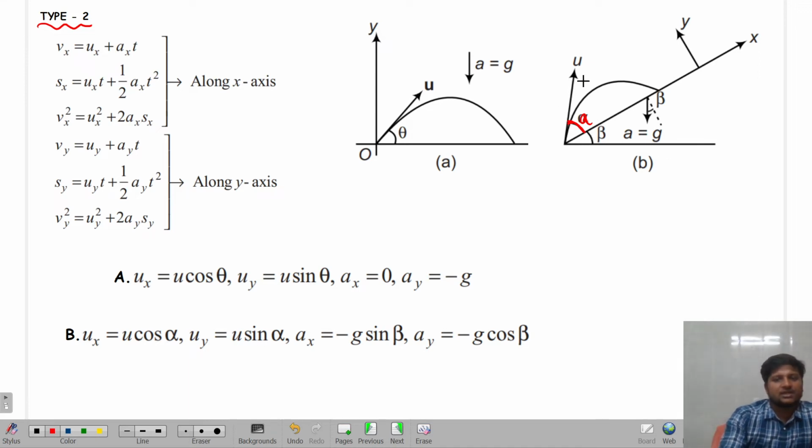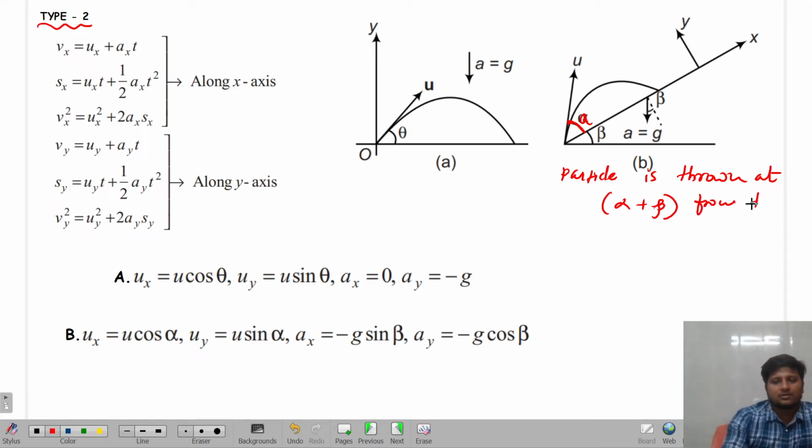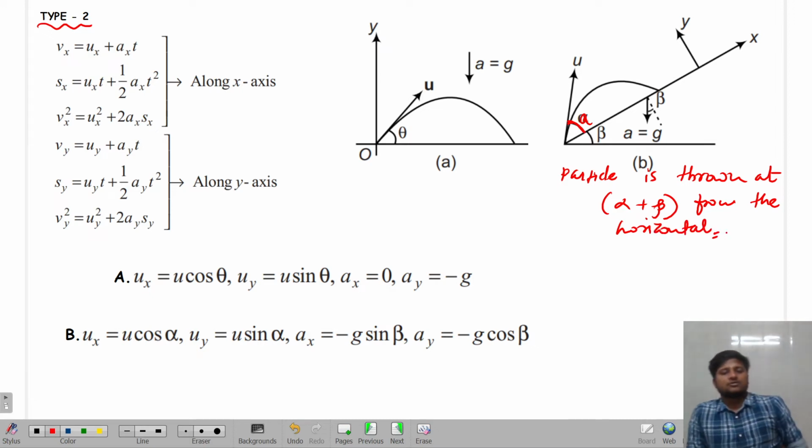So someone asks you, the particle is thrown at how much angle? Alpha plus beta from the horizontal in the second case. Got it or not? So two cases are there.